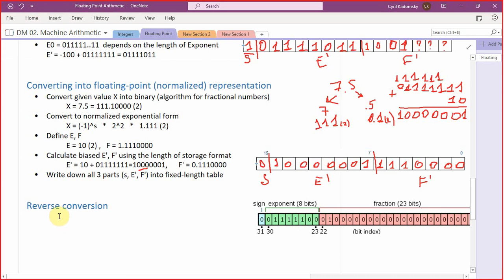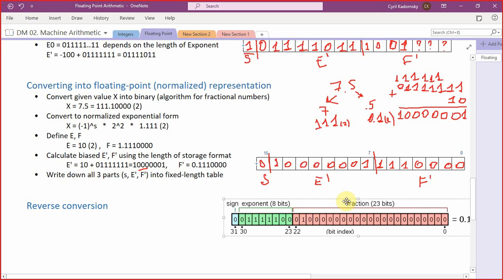Actually, we must do all the steps in reverse. We will have the final result, and we must calculate which number it is. We do that very similarly. The last step was write down all three parts. We just do it in reverse. We find all three parts in this representation.